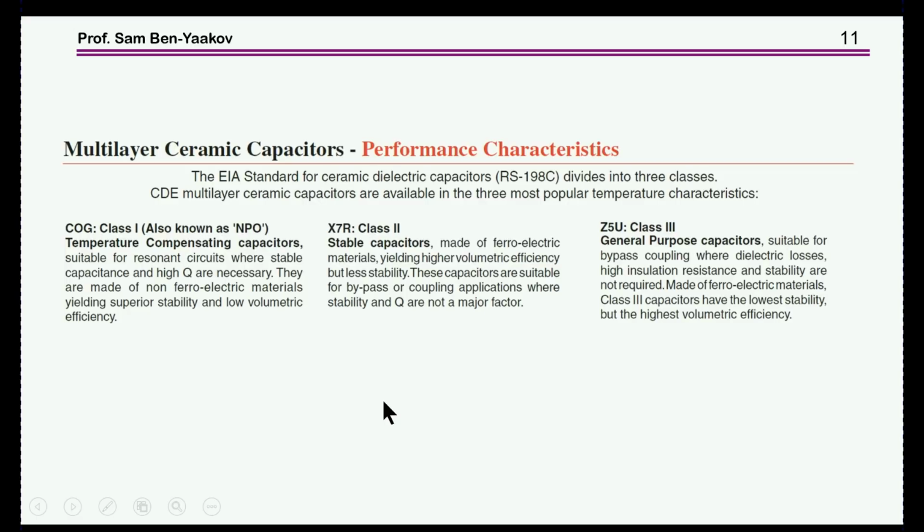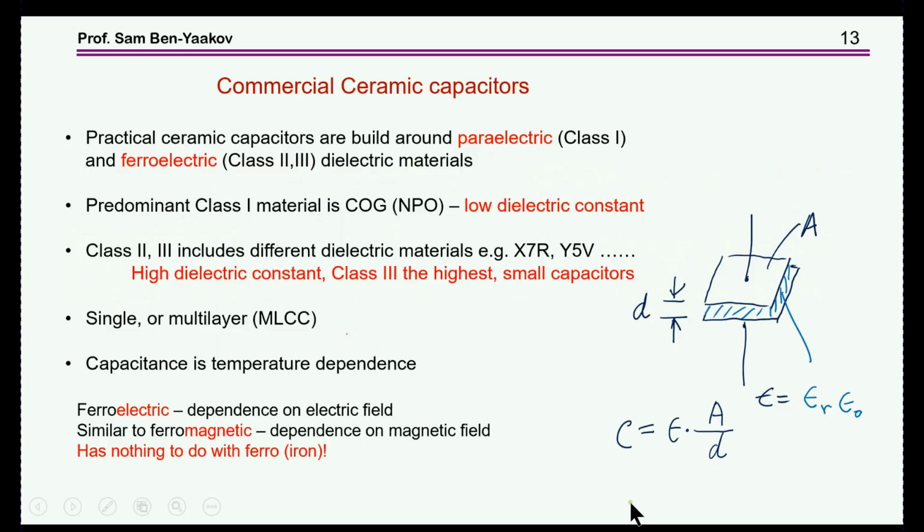It's a big swing of amplitude, and therefore the nonlinearity of the class 2 and 3 comes into effect. We'll see it later. And therefore the COG and the paraelectric capacitor are better in this respect. But again, if you need large capacitance, you have to go to ferroelectric.